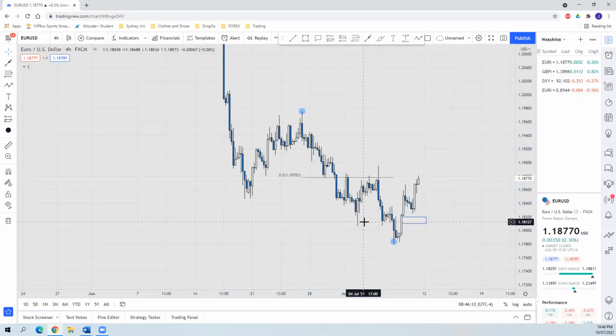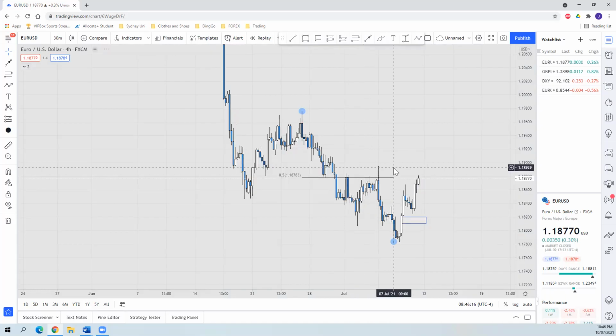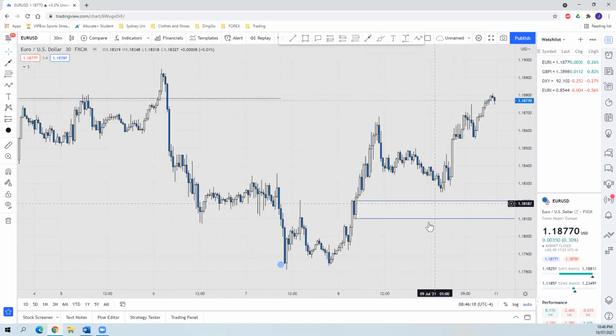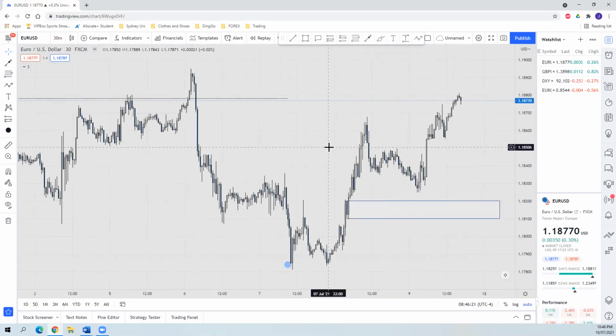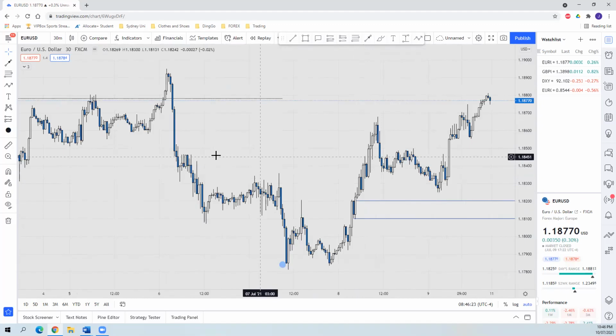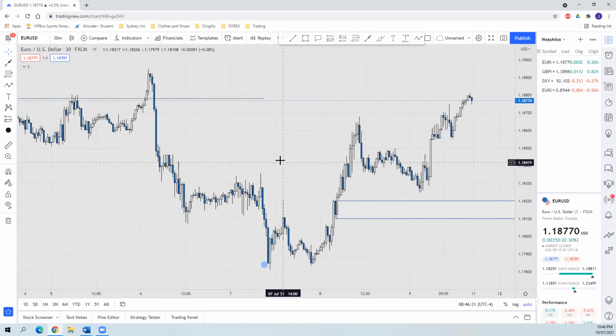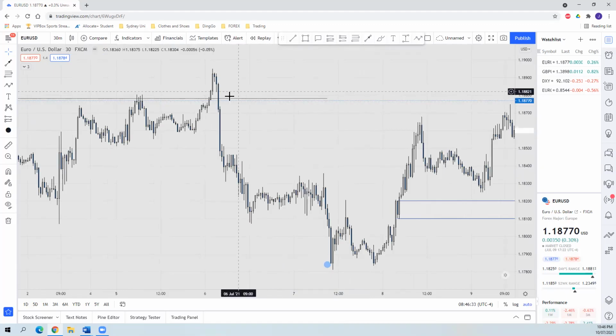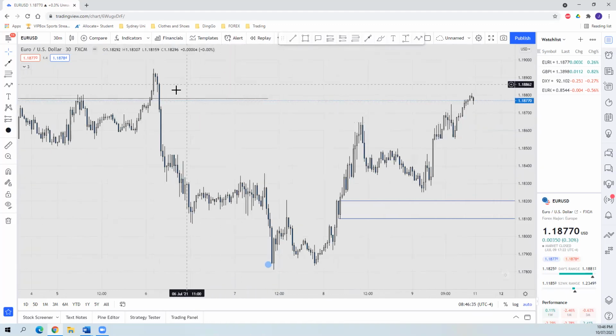So this here, that will be the break. And that's why on the 30-minute, this was maybe a strong push up, and then another push up. So how come this is not going to be the strong high?